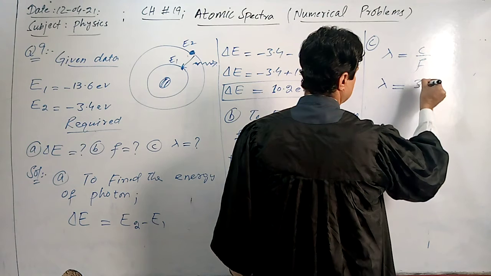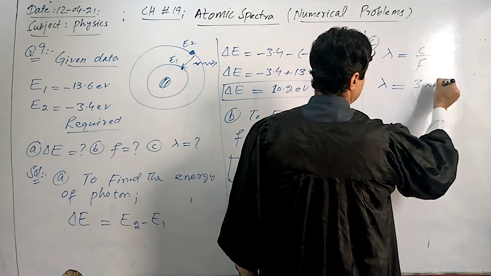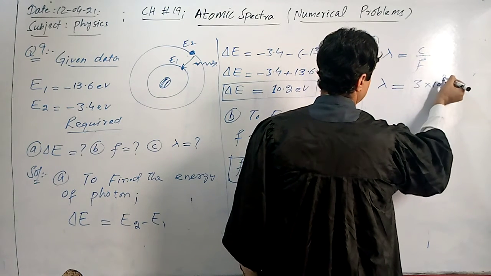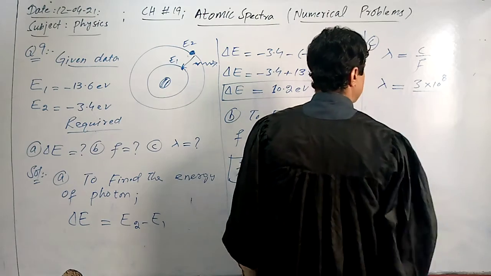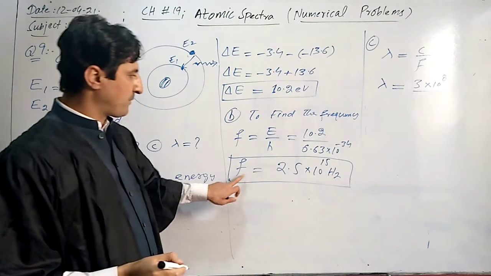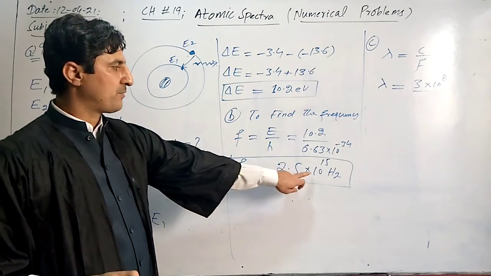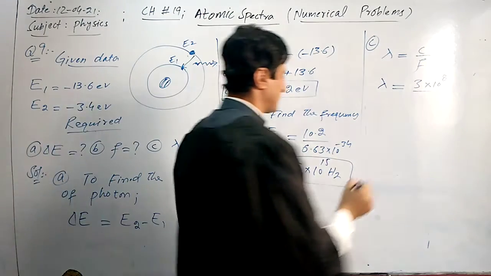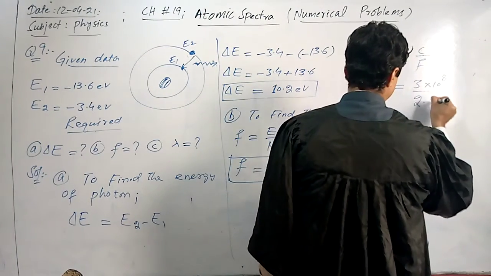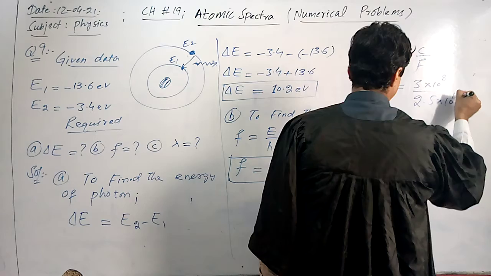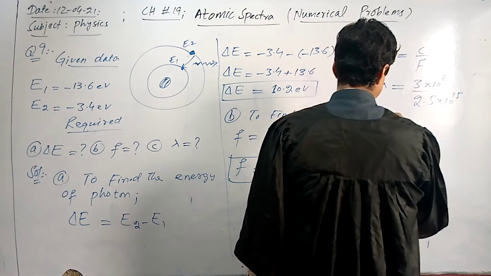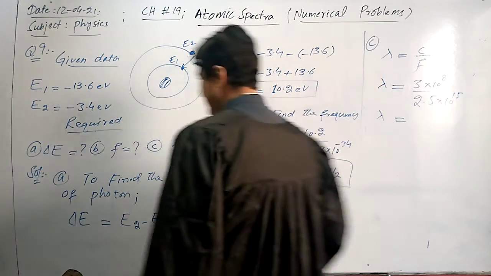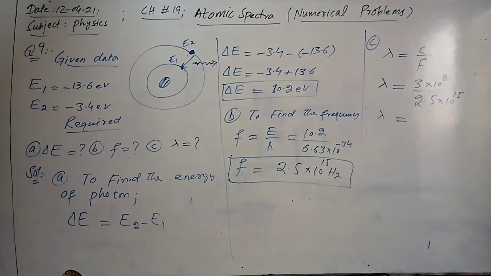Its value is 3 multiplied 10 power 8 divided by, similarly instead of F we have to write 2.5 multiplied 10 power 15 hertz. So lambda will be in meter or centimeter or nanometer.